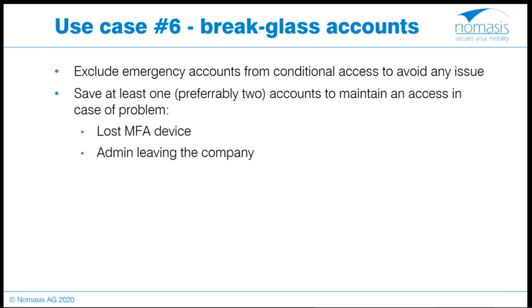Those are all problems that need to be taken care of with Microsoft, and it's not easy to change that. So the easiest way to avoid that is to have at least one or two accounts that you remove from all your conditional access policies. So you will exclude them, and then you don't use them on a daily basis, but only if needed.